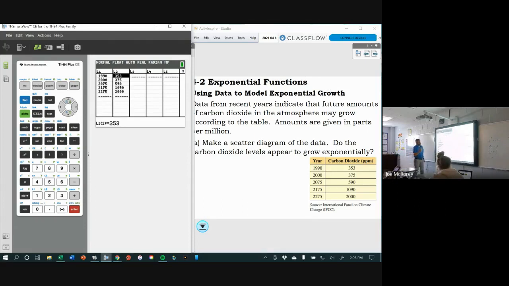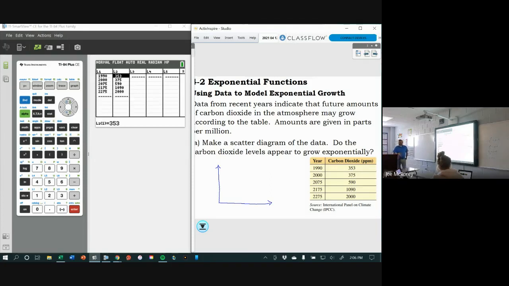Right now, we just want to look at the scatter plot. I'm not going to put any numbers on my axes, I'm just going to sketch what it looks like.